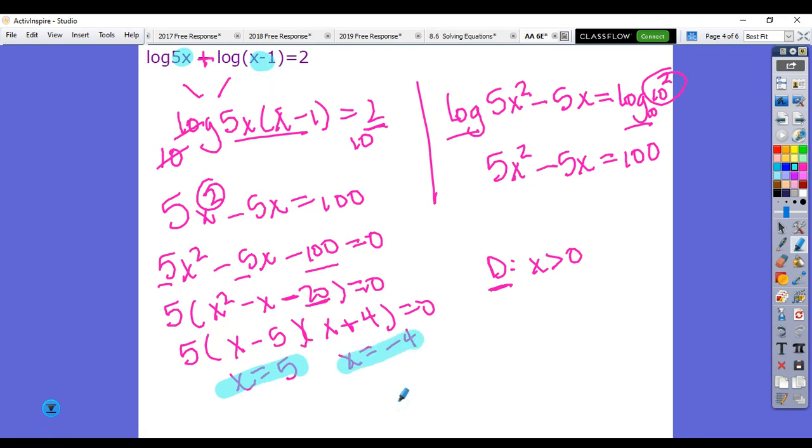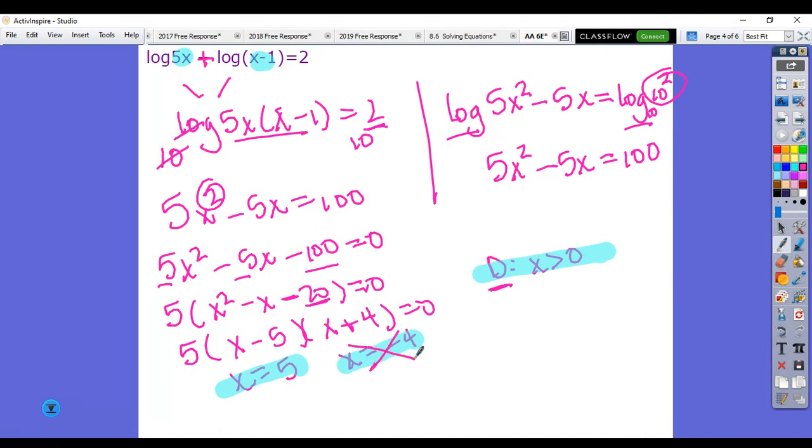Notice though, when I plug in negative 4, that makes me take log of negative 20. Now, just try it. Plug it into your calculator. Log negative 20 and it gives you an error as an answer. That's because the domain, you can't take log of negative numbers. It must be a number greater than 0.